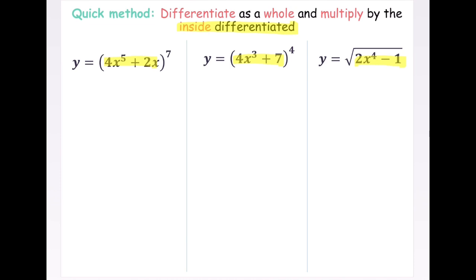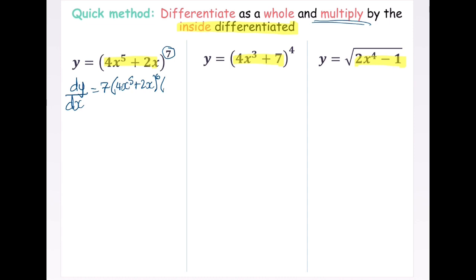So I've got dy by dx equals, right, that's a power 7 there. Let's bring that down. So 7, ignore the bracket for now. So I've got (4x to the power 5 plus 2x), 7 becomes 6 because I've differentiated it. Okay, so I've differentiated it as a whole. Now I need to multiply by the inside differentiated.